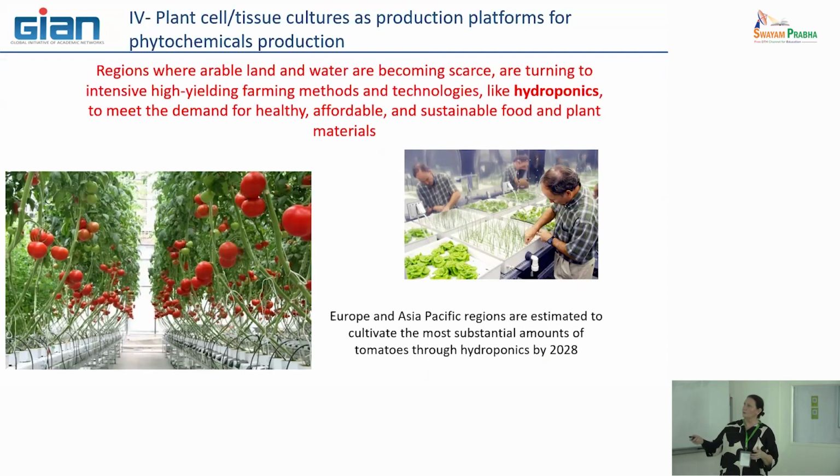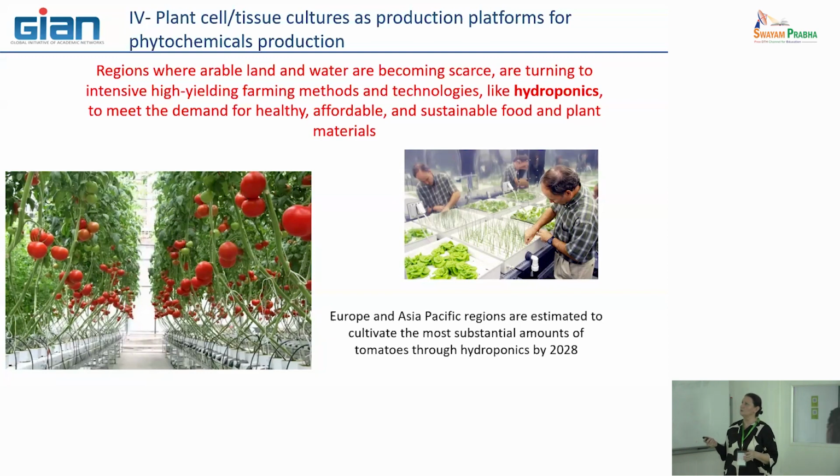High yielding means that we have lots of production with a very high yield, not only in biomass but also qualitatively in the product. But it is with farming methods in buildings, not on the soils.